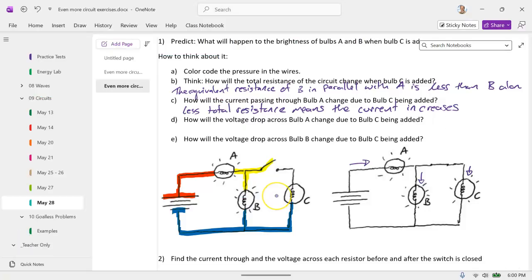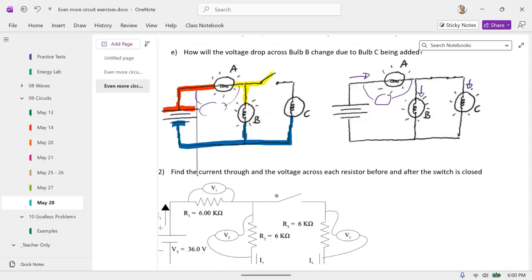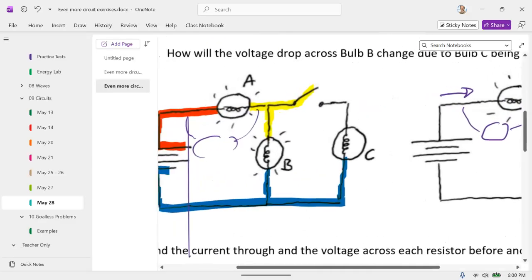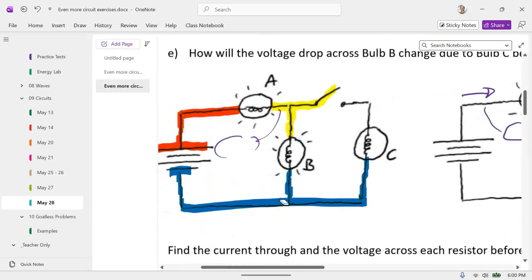Next, let's think about how the voltage drop across bulb A will change due to bulb C being added when we close the switch. Let's think about this voltage here. Or this voltage. Okay.